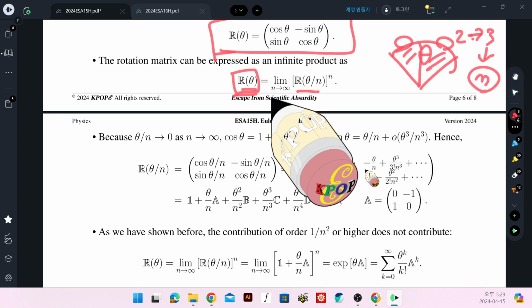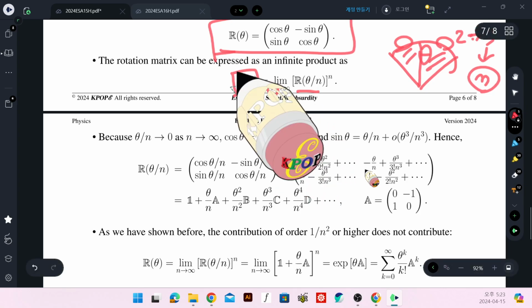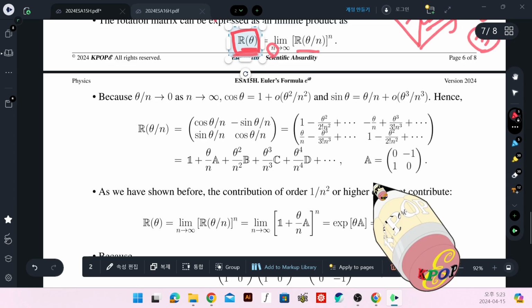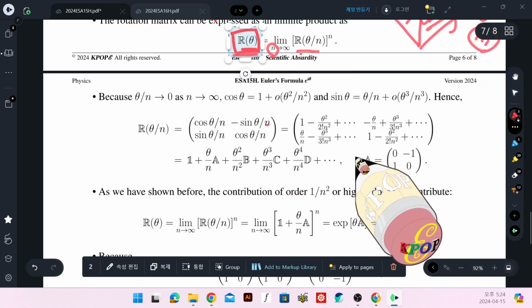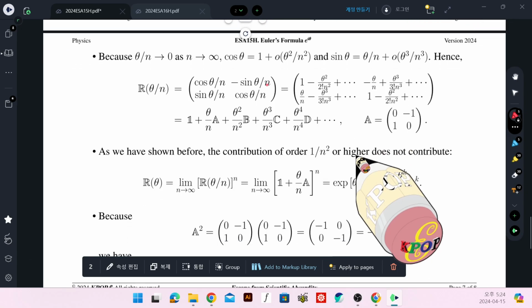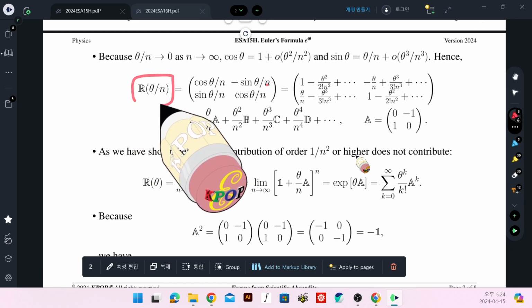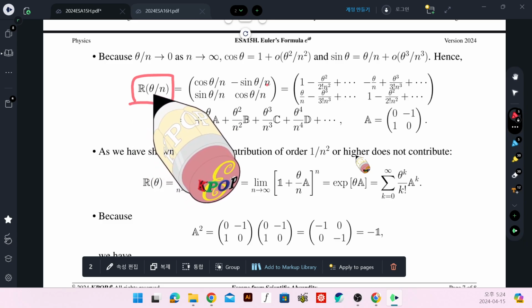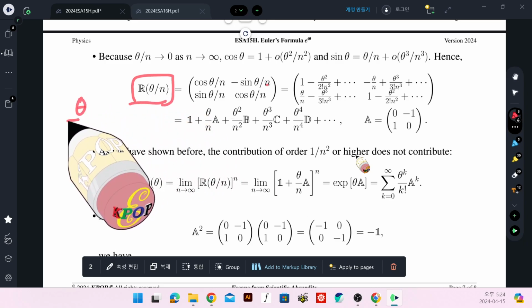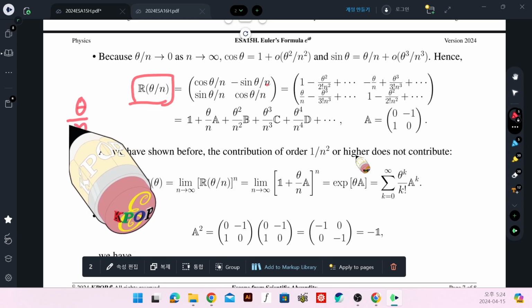Whatever number we may apply, the result is identical to the rotation matrix for the finite angle. So why don't we look into the expression for R of theta over n as n goes to infinity.